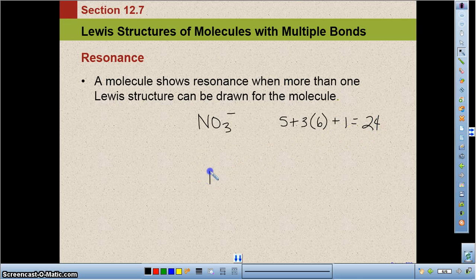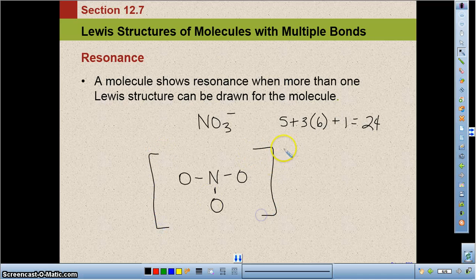We're going to start by putting nitrogen down as the central atom. We are going to single bond to the oxygens, because that's just how we set this up to start with. And we are going to put a bracket around the outside to indicate a -1 charge, that this is actually an ion instead of just a molecular compound.